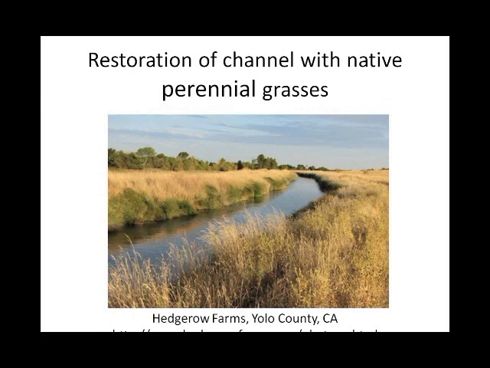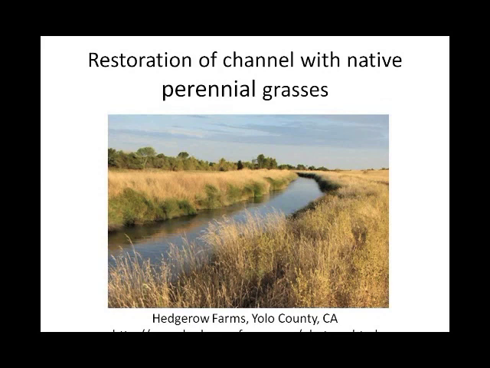So the slide I just showed you was a rather typical site, but here I'm showing you a channel that's been restored with native perennial grasses and other graminoids. This has been done by Hedgerow Farms. This is the main irrigation conduit in our area. And Hedgerow Farms has taken a large role in thinking about how restoration of a channel's edge can occur.